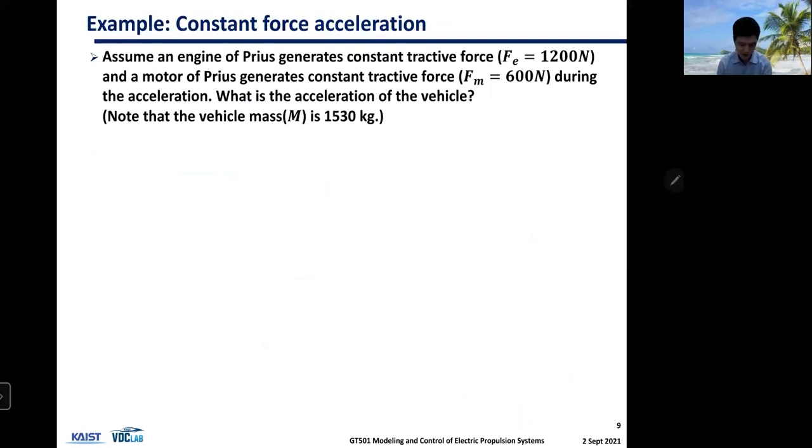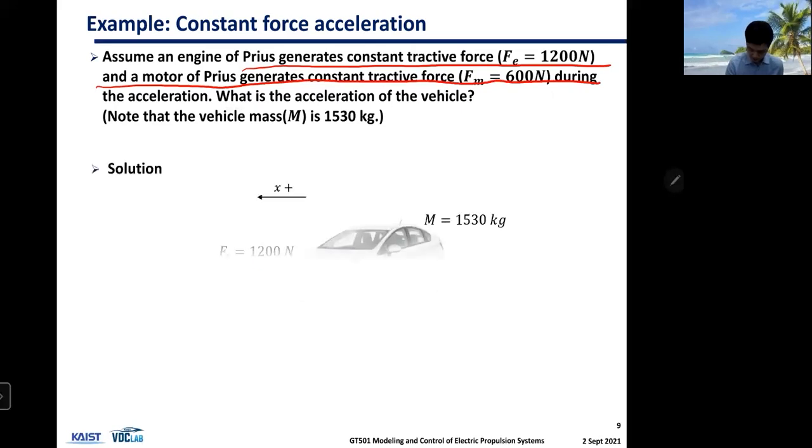Constant force acceleration example. Assume a motor generates constant tractive force during the acceleration. What is the acceleration of the vehicle?